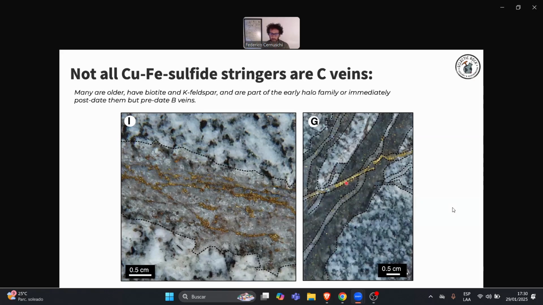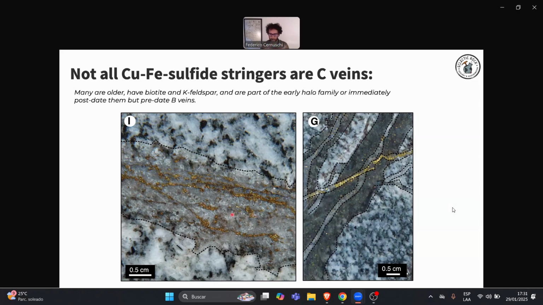They are only a C vein if you can see a cross-cutting relationship that tells you that they happen after A and B veins, or after early halos and B veins and BMQ veins and all these vein paragenesis. So it's very common to have examples like this one on the left, where you have a lightly colored early halo with, when you are in the higher copper grade zones, the dissemination of copper sulfides inside the halo.